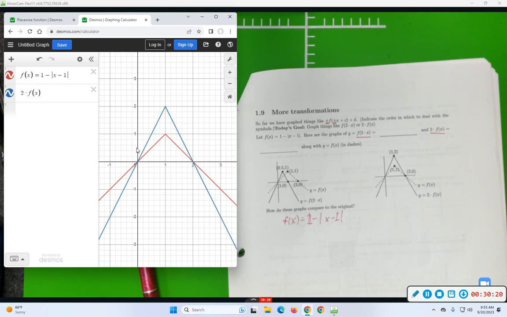So going from the red graph to the blue graph, what looks like happens? It narrows? Sure. That's true. I'd want to use a different one, yeah. X-intercepts remain the same. That's good.